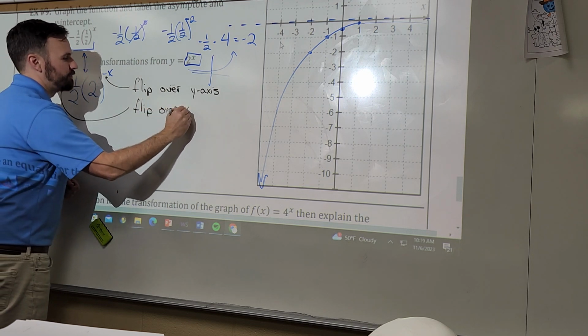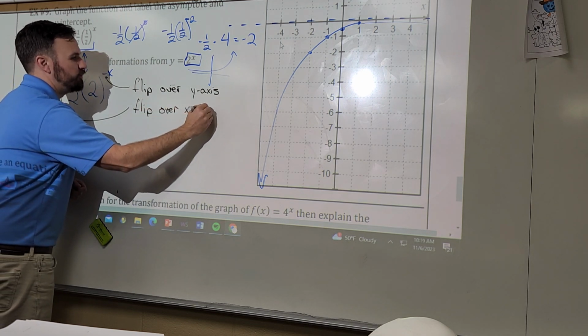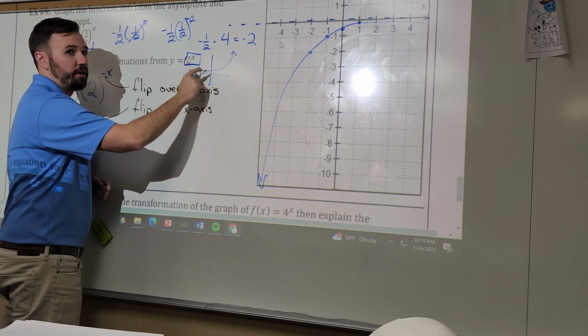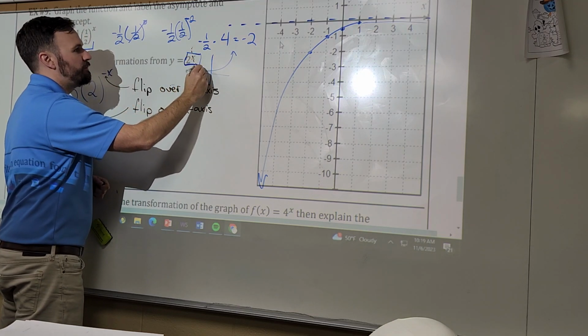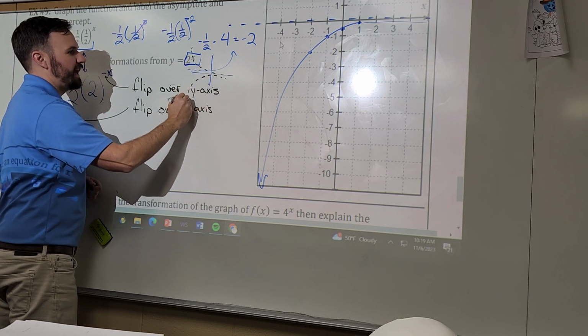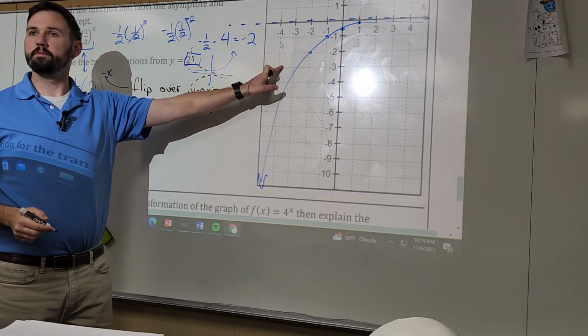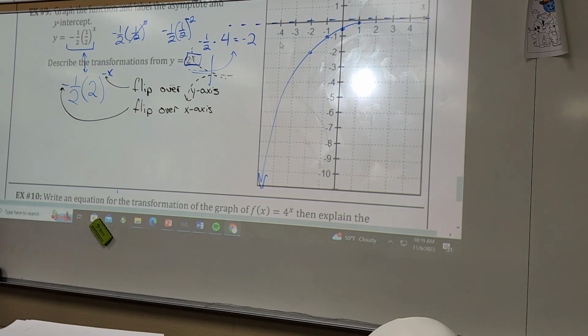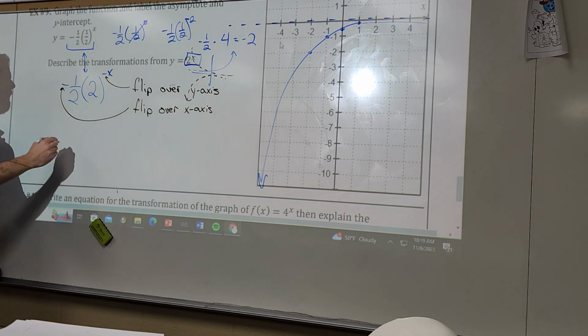Flip over the x-axis. Which makes sense because this is our original graph, right? So if I flip over my x-axis, it comes over here, and then I flip down and it goes like that. Is that what we got? It's a double flip. Or actually, it would be a rotation of 180 degrees. Don't worry about it.